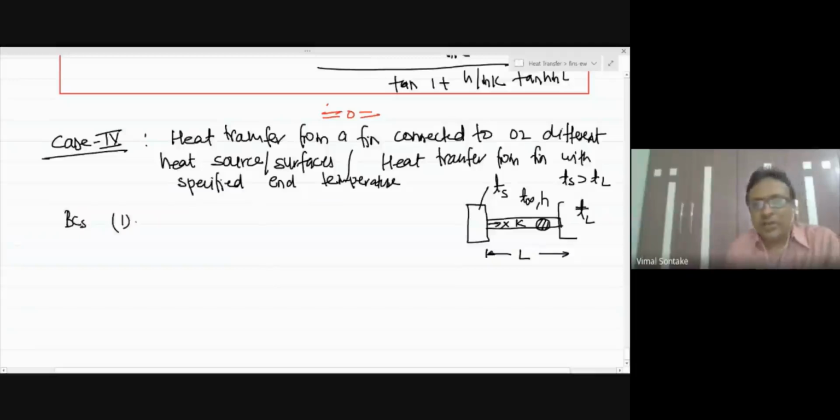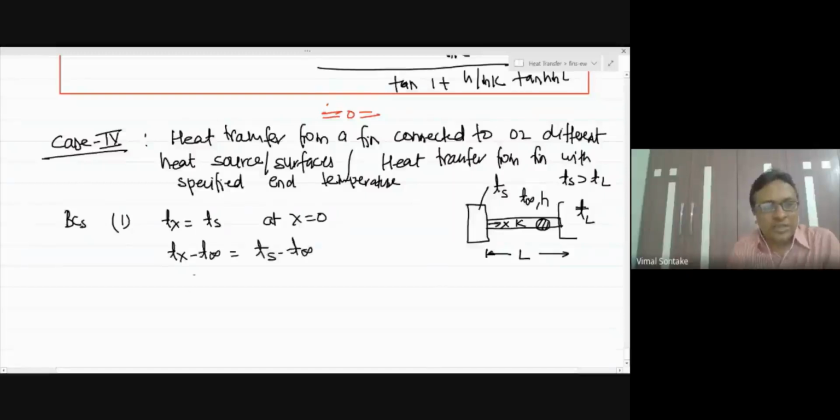The first boundary condition, as you can see here, is Tx equal to Ts at x equal to 0, that is on the left hand side. In terms of excess temperature, I can write this as Tx minus T infinity is equal to Ts minus T infinity, or theta x is equal to theta s at x equal to 0.